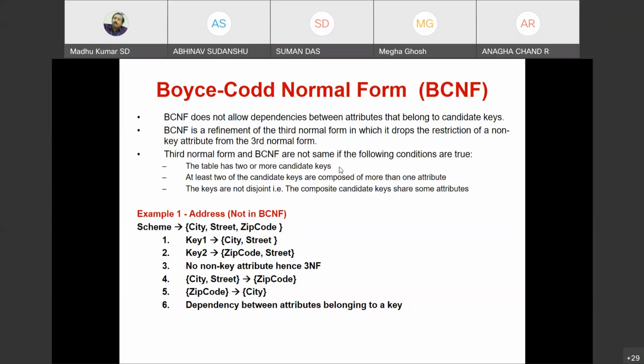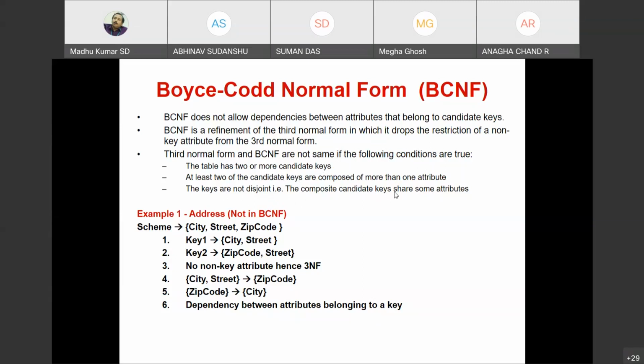So BCNF is applicable, or found successful, in contexts where there are two or more candidate keys and the keys are not disjoint. That means those keys are overlapping.